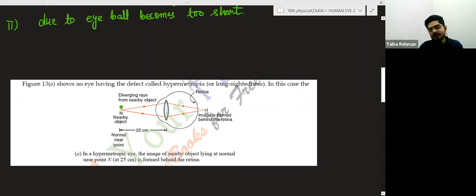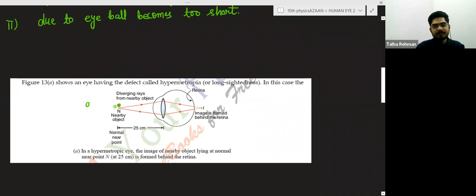And what happens if you place this object here? This is the object, and I have placed this object at a distance from this eye, at the near point of this eye.